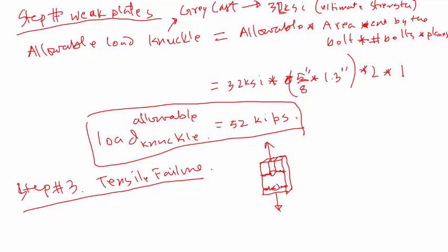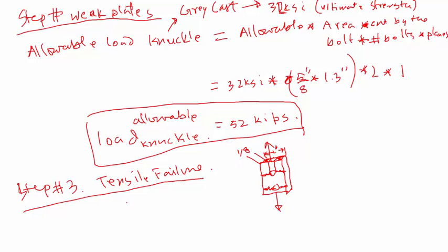So this is the area we are talking about. Now for the plate, this is 2 inches. You can go back to the problem and read it. So 2 inch by the thickness, which is 1.8.